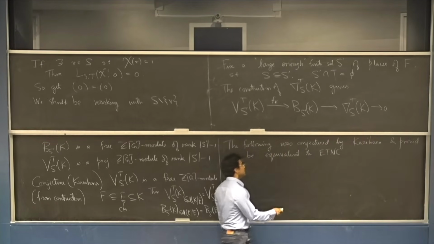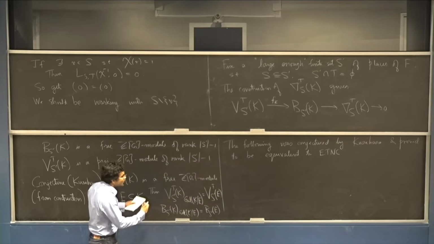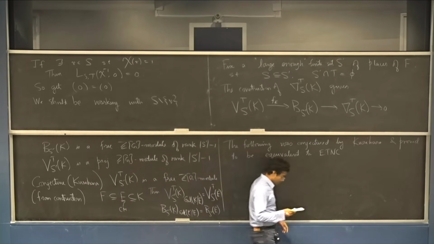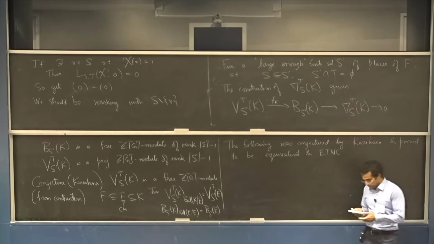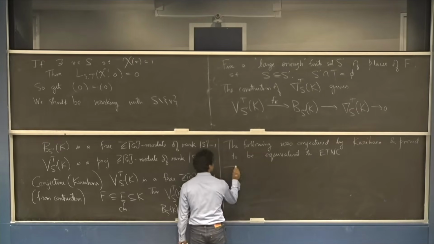So this is the minus part of ETNC for the trivial motive, I guess, and this extension K over F. So here's the theorem.